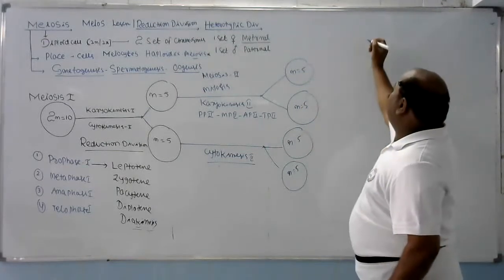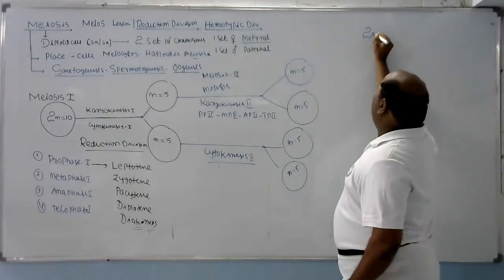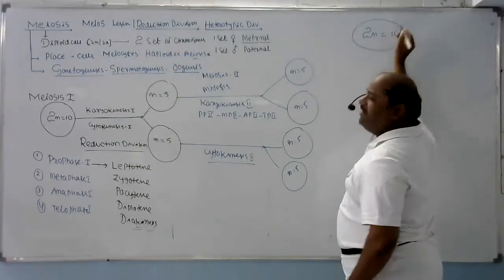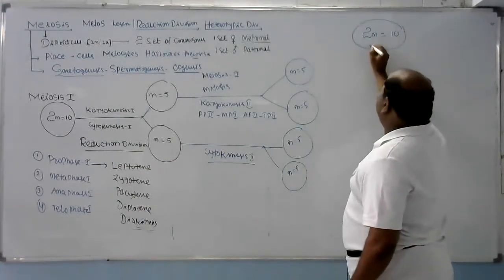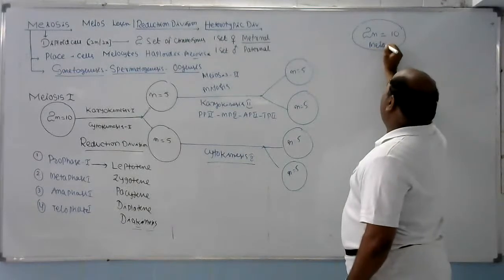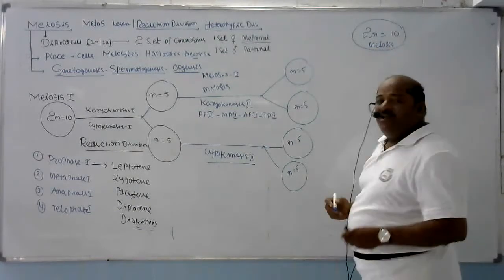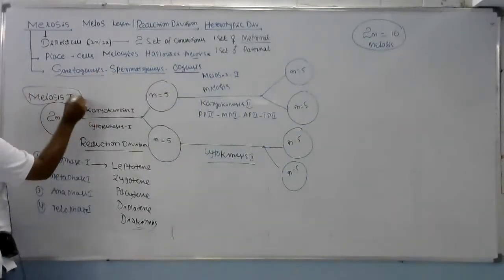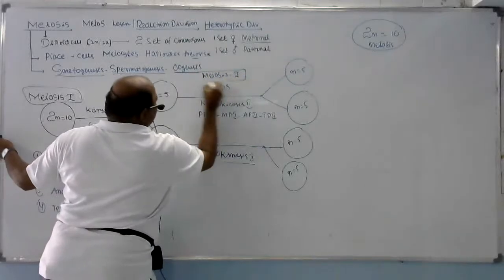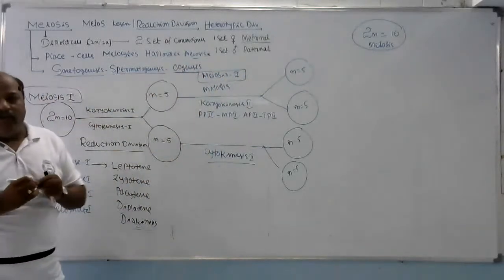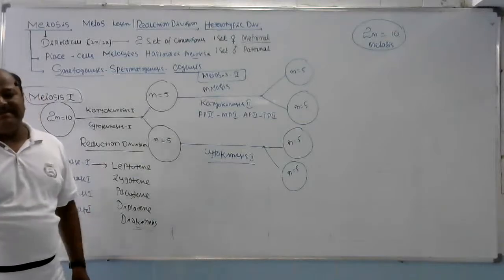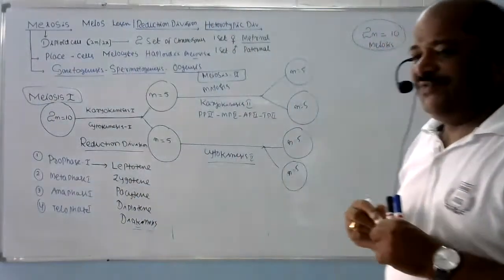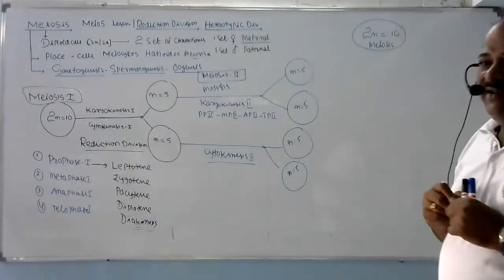So compare. You are a diploid cell, 2n equals 10 chromosomes, subjected to meiosis division. All of you look at the board. When meiosis 1 as well as meiosis 2 are completed, only then is it concluded as the completion of the meiosis process. 1 and 2 should both be complete.